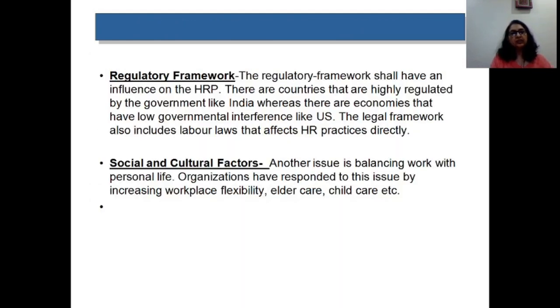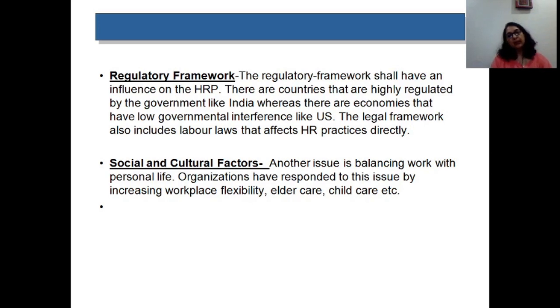Then another external factor that impacts HRP is the regulatory framework. The regulatory framework influences HRP in ways like certain laws that the country may follow. For example, in India, the organizations cannot make distinctions between caste, creed, race, or culture when they are doing hiring.